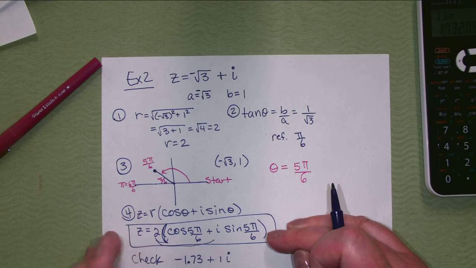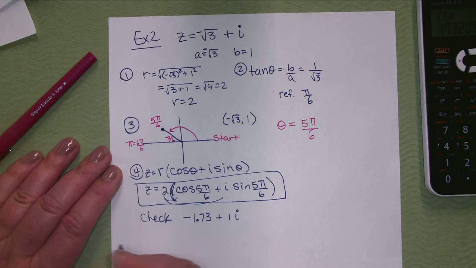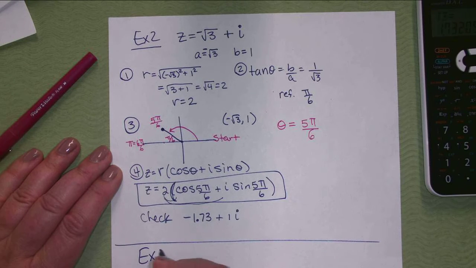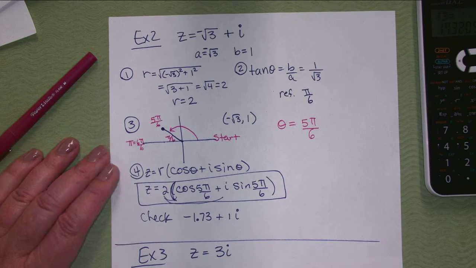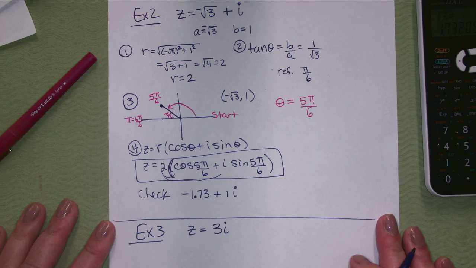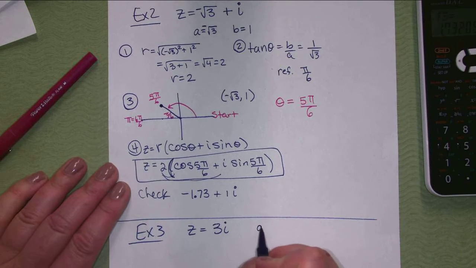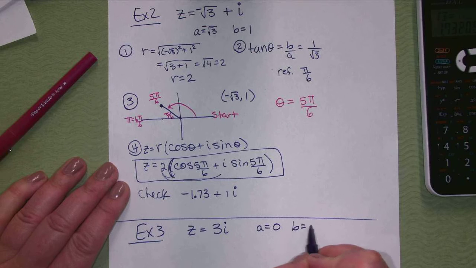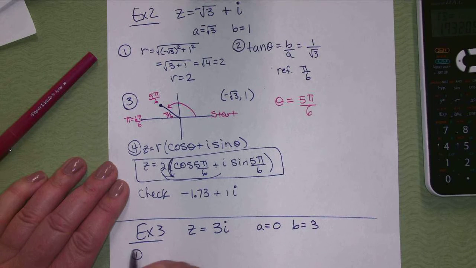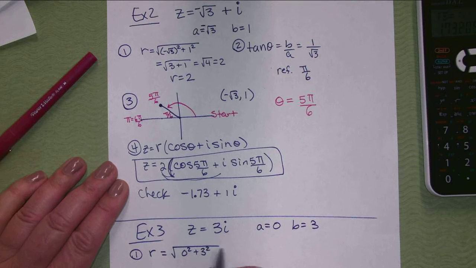All right, example 3. Say we had z is 3i, just 3i. What's A here? 0. And B is 3. Step 1 was to find R: 0 squared plus 3 squared, so 3.